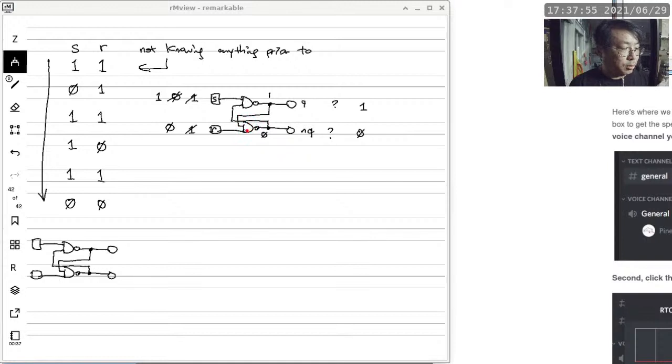When N2 sees at least one of its inputs being a 0, it's going to change its output from 0 to a 1. That in turn changes the input to N1, and N1 is now seeing 1 and 1 as its input, so it's going to change its output to a 0. So when we change to this particular input state, the output flips. Q is going to become 0, and NQ is going to become 1.